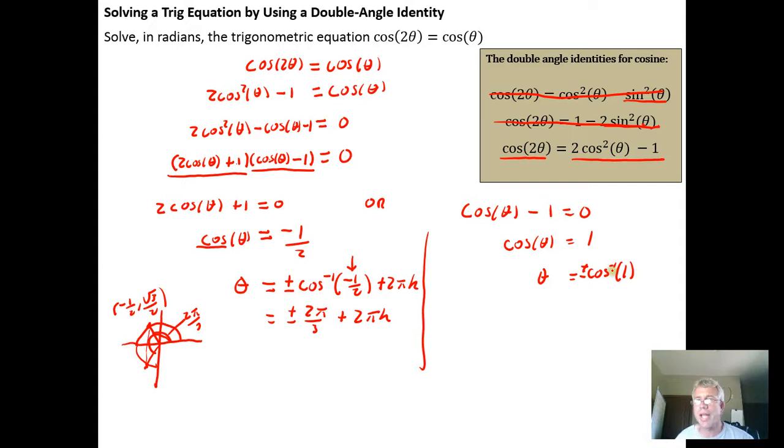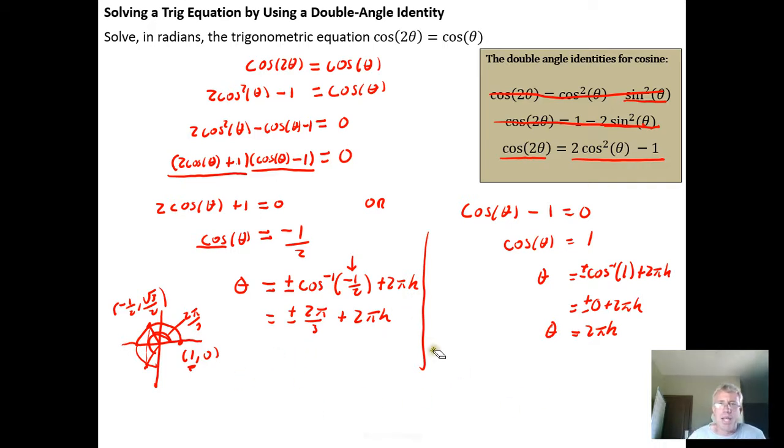This is a special case angle, but it's still going to be plus 2 pi k to get all coterminal angles. And then the cosine is 1 right here. At this point, 1 comma 0, the x-coordinate is 1. So this is a 0-degree angle, so we're going to get plus or minus 0 plus 2 pi k, which is just 2 pi k. So theta equals 2 pi k.